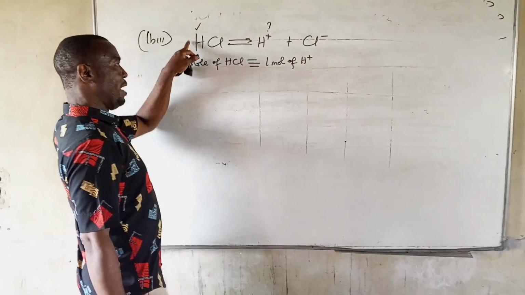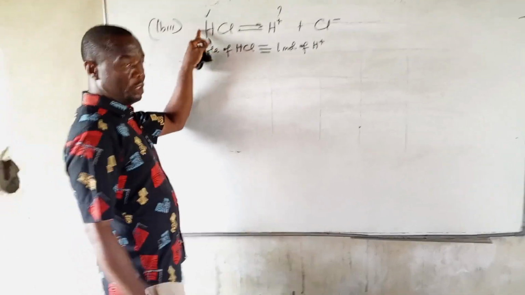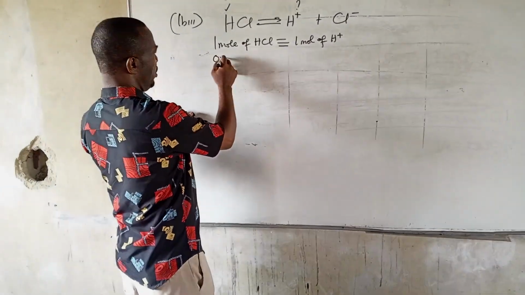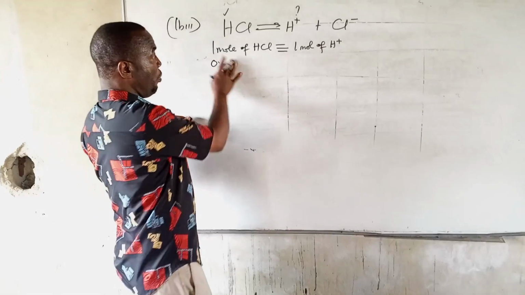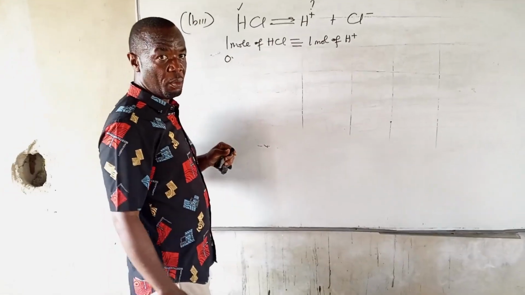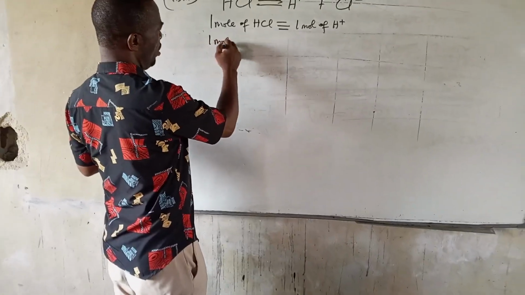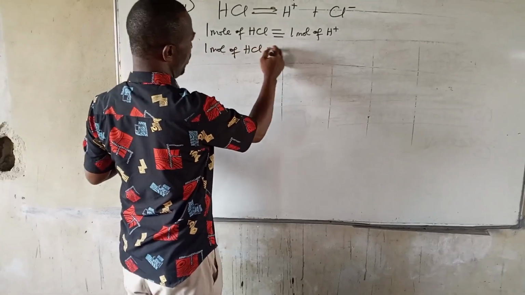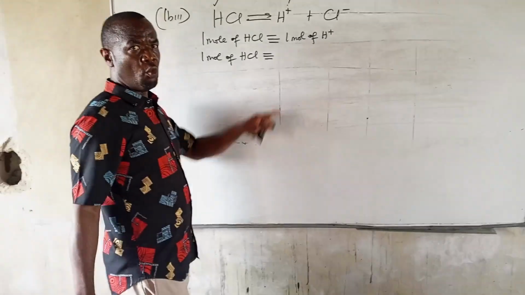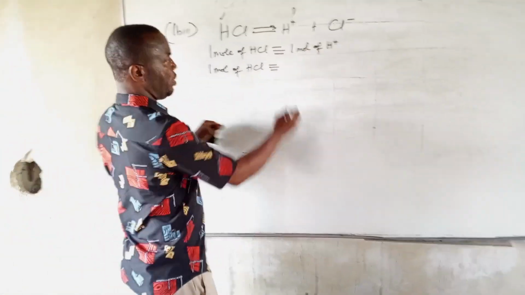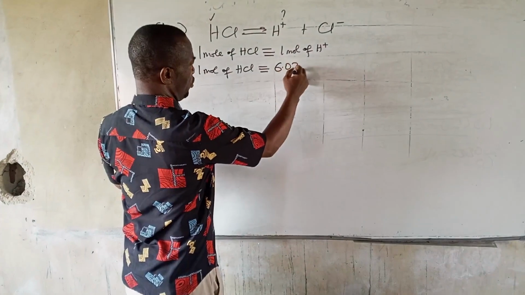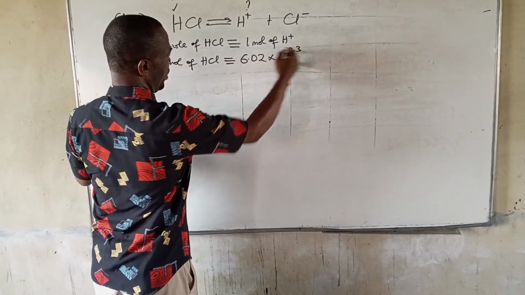In 1 dm cube of acid, you have the molar concentration, which is 0.103 moles. Okay, we still continue. You can say 1 mole of HCl produces the number of particles in 1 mole of a substance, which is the Avogadro's number, 6.02 times 10 power 23.